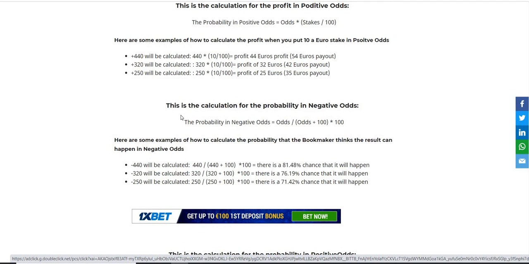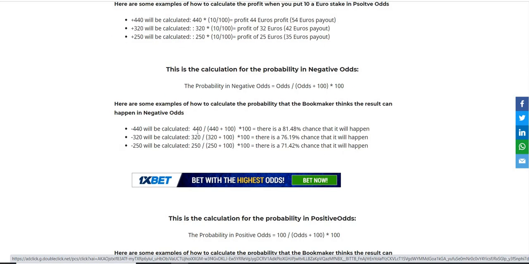Okay, now the last thing that I will talk about is the calculation of the probability in the American odds. The probability in negative odds is this calculation: odds divided by odds plus 100, multiplied by 100. You can check here the odds for minus 440.